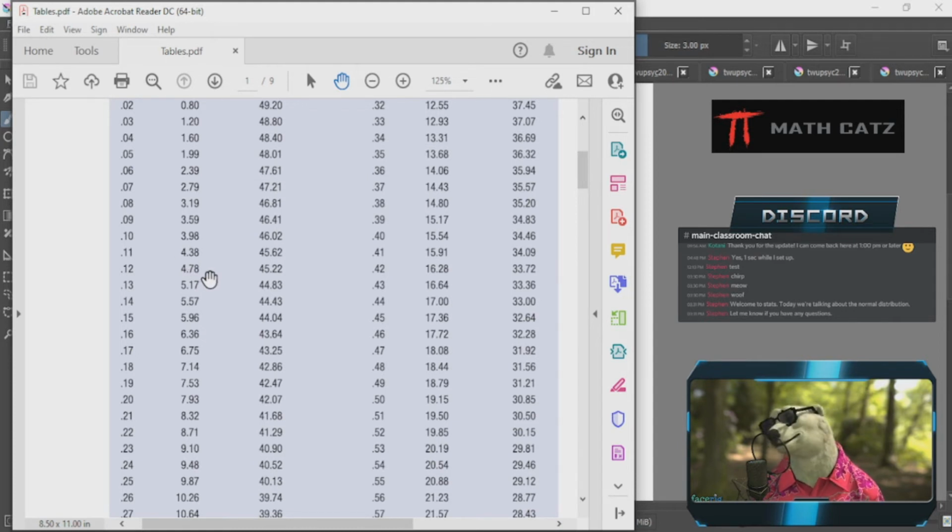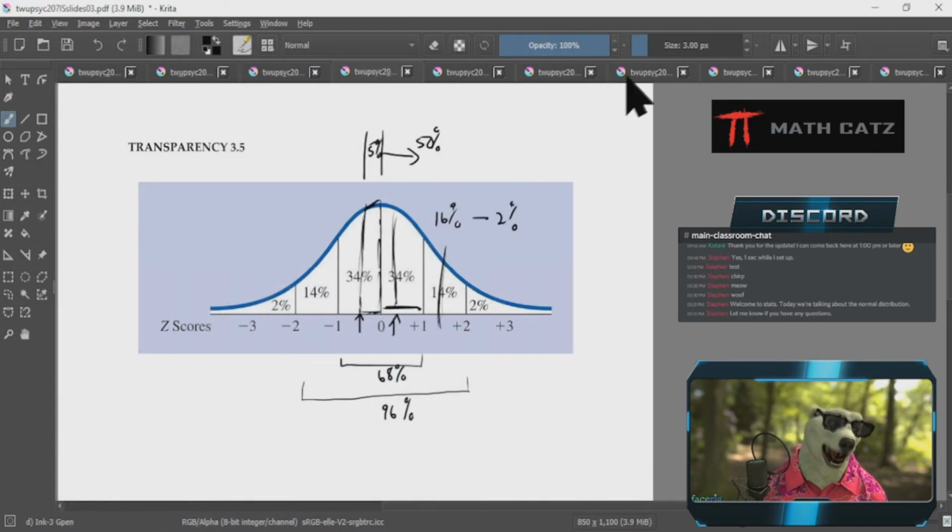Different people do different things there. Most of the time they just take the average between these two, so 0.125, but it really depends. Sometimes they round to one or the other, but it seems like we're in the area of 0.12, between 0.12 and 0.13. Of course, we are negative.